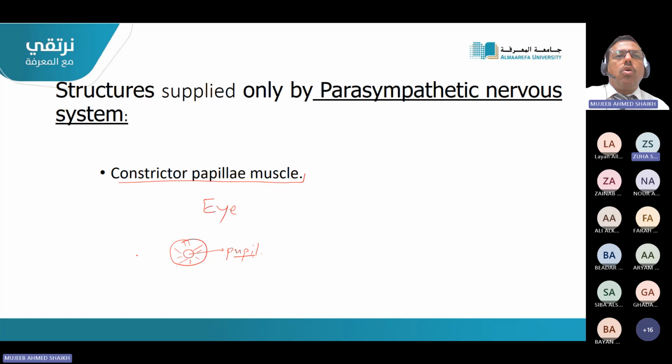It can be small or it can be big. This is called constriction. This is called dilatation, and it is done through muscles which are called constrictor pupillae and dilator pupillae muscle. So constrictor pupillae muscles are supplied by parasympathetic only.